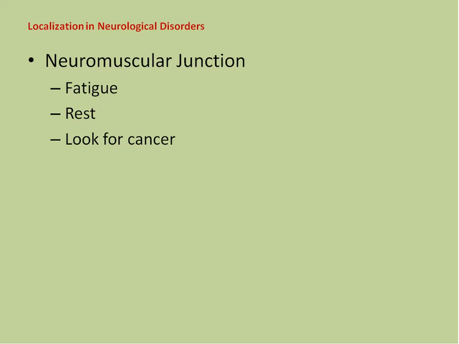Now, when I say look for cancer, before we look for cancer, let's discuss three common diseases involving the neuromuscular junction. In one disease, the patient wakes up very fresh. However, as the day passes, they become fatigued and more tired, which is classic for myasthenia gravis.